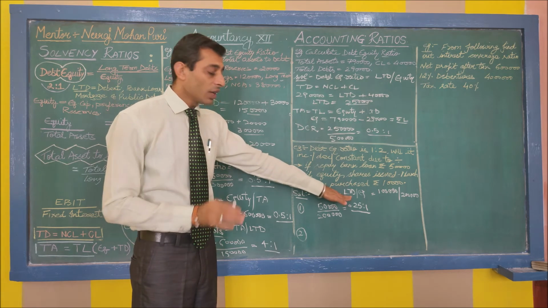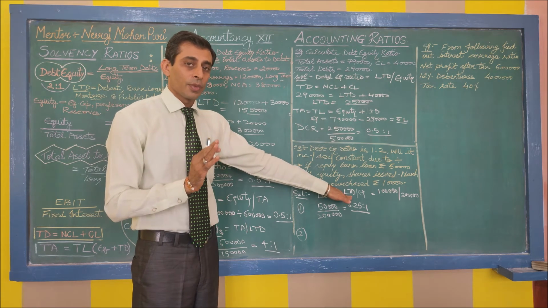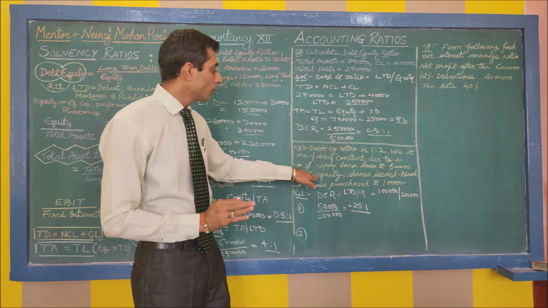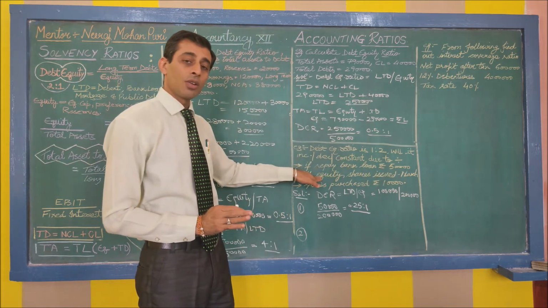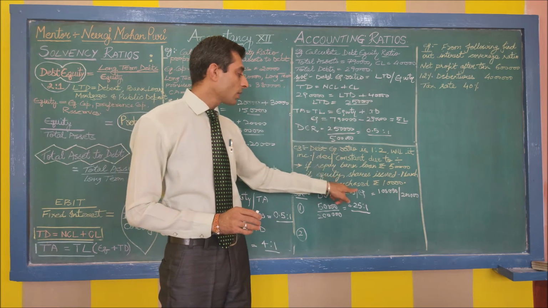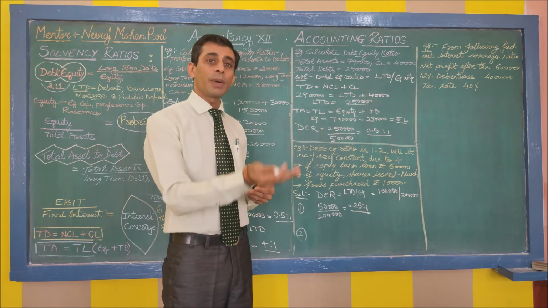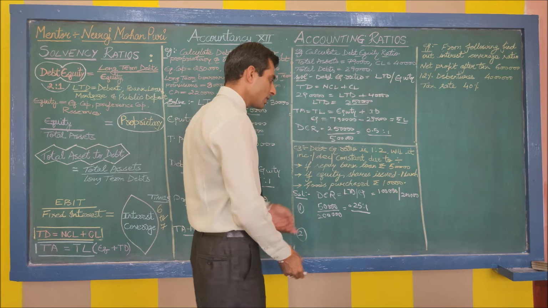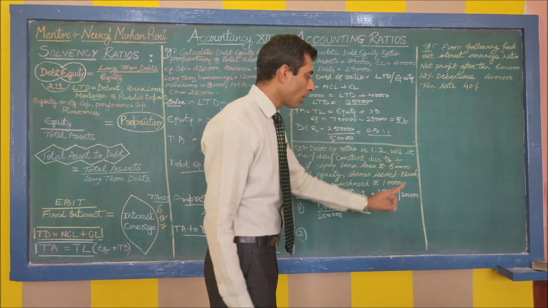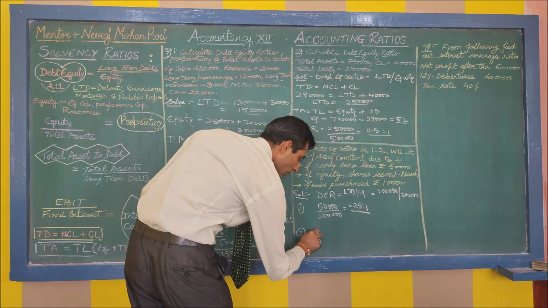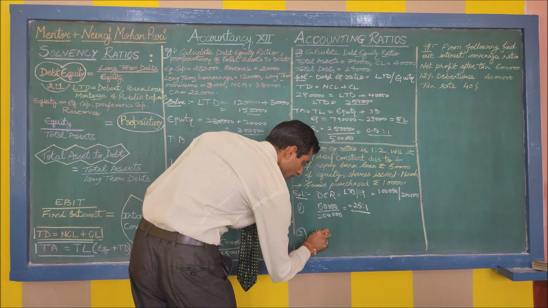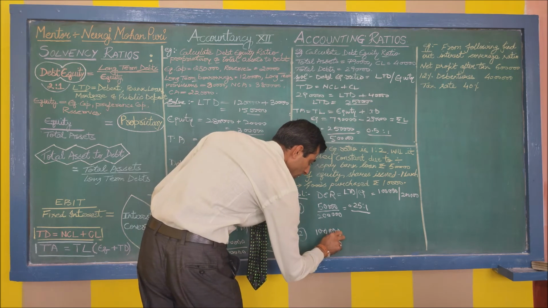In this situation, the numerator is not changing because there is no information about the long-term debt. Equity share is a part of the denominator. By issuing equity shares, our equity capital increases. So with 1 lakh, the denominator will increase, and the numerator will remain unchanged.